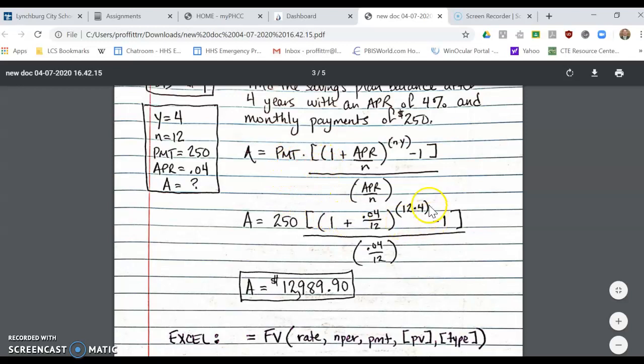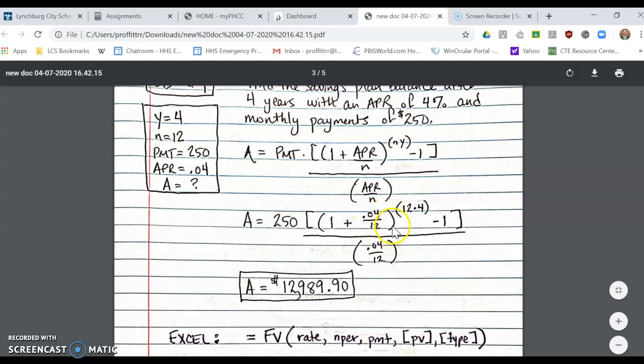Then this formula is pretty complicated, so when you're typing this in your calculator, you need to be really careful. Go ahead and use your parentheses. You're going to have to open up 2 sets of parentheses on your calculator. So you'll do 250 times, open up a set of parentheses, open up another set of parentheses, 1 plus the APR, 0.04, divided by N, which is 12.